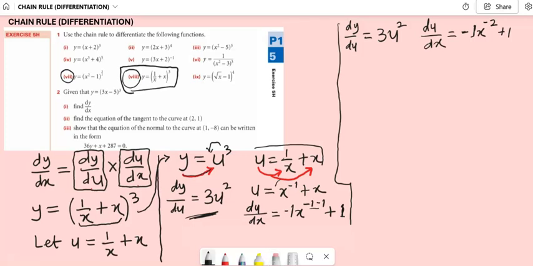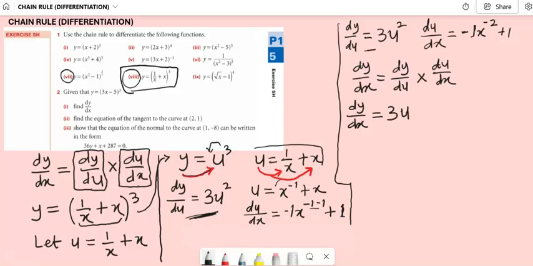So finally, go back to the formula. dy dx is equal to dy du multiplied by du dx. Then let us substitute. In this case now, dy dx is equal to dy du. My dy du is this, that means 3u raised to power of 2 multiplied by my du dx.